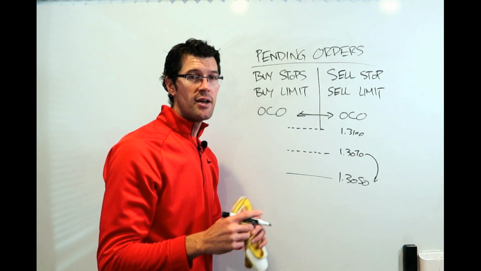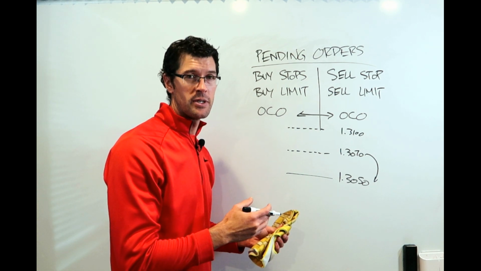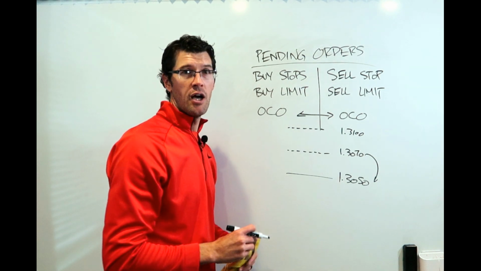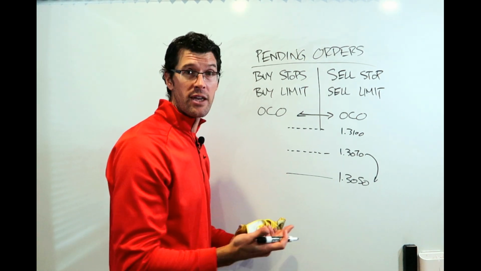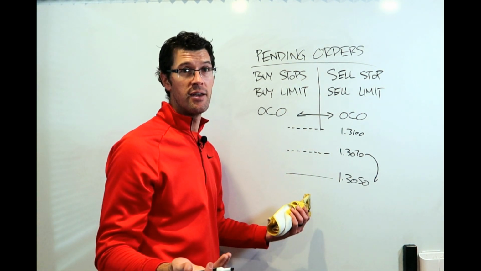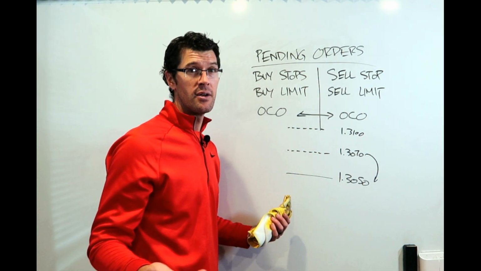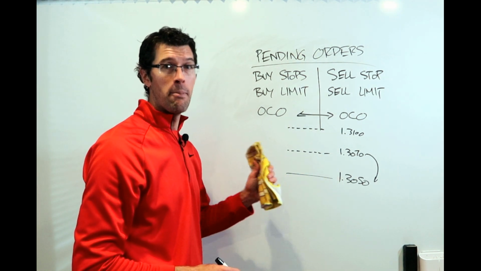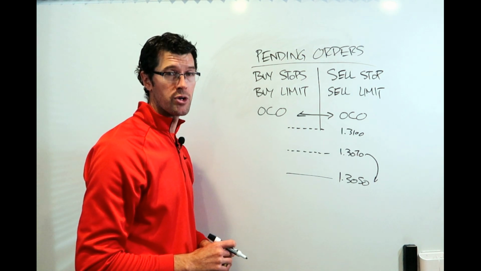Now, in the event of a high impact news announcement, in the event of 5 p.m. rollover, in the event of Friday end of week when the market closes and spreads increase from 2 to 10 or from 20 to 50 on some of those exotic pairs, we have to be careful on some of those buy stop or sell stop orders.